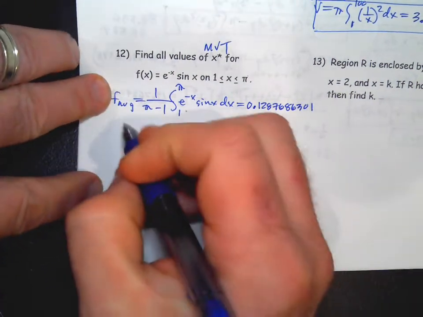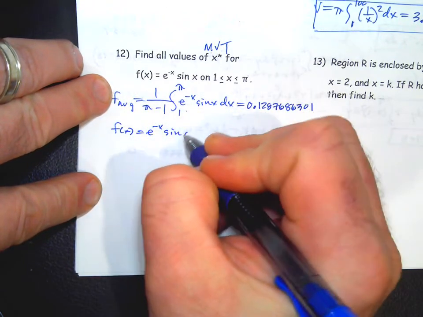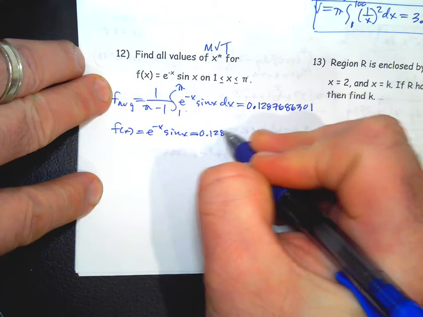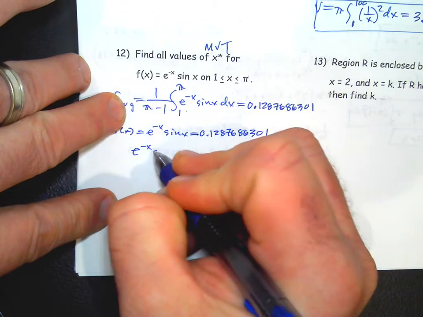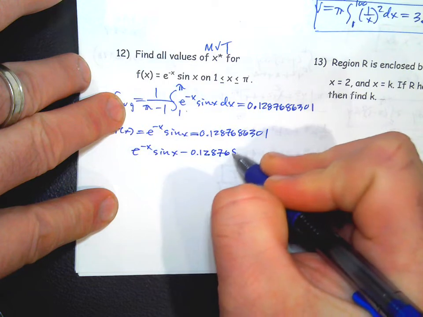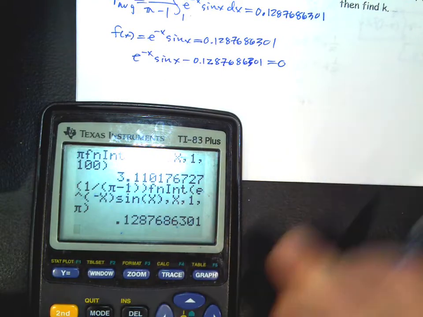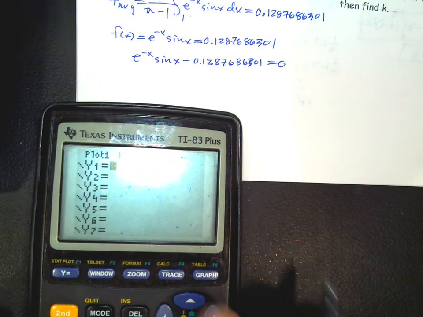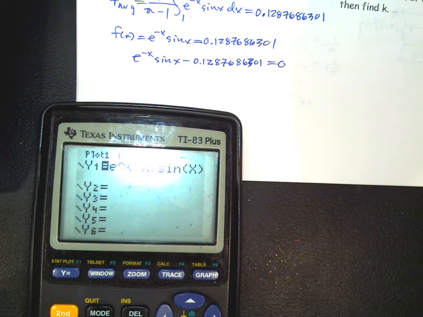So now we're going to set the original function equal to the average value and solve it. Now the best way to solve it is to move everything to one side equal to 0, graph it on your graphing calculator, and find the x-intercepts. So I'm going to go to y. I'm going to do e to the negative x sine x minus 0.128768630.